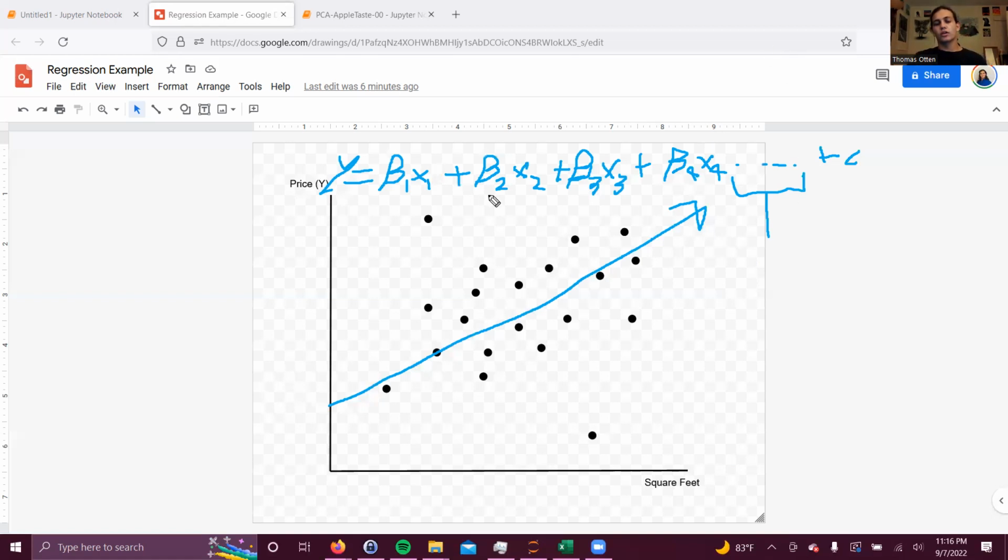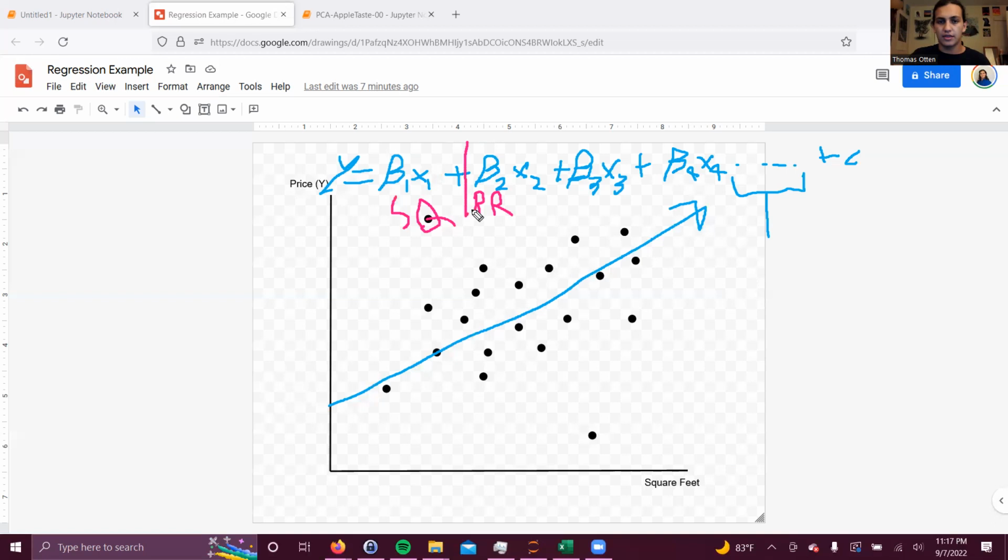And so you'll start to see things where, we'll see this in just a minute, so it's a little bit of a spoiler, but let's say this one is your square feet, and this one is the number of rooms in the house. Well, having an additional bedroom, or like the number of bedrooms, right? And having an additional bedroom is going to increase the square feet. If you picture a 2-bedroom house versus a 5-bedroom house, a 5-bedroom house is going to have naturally a much larger square feet.